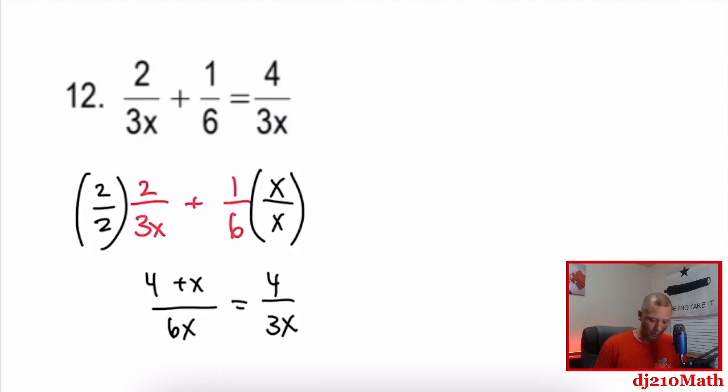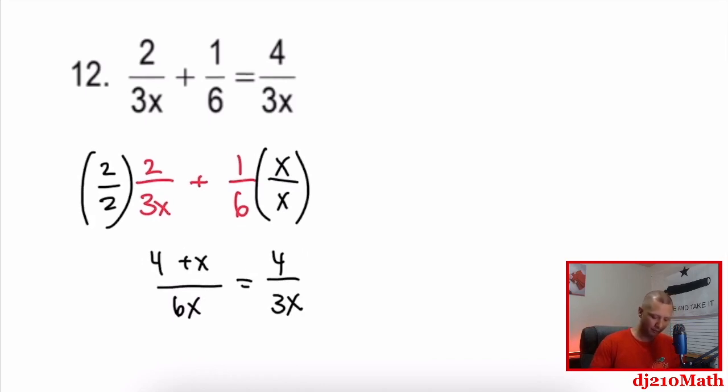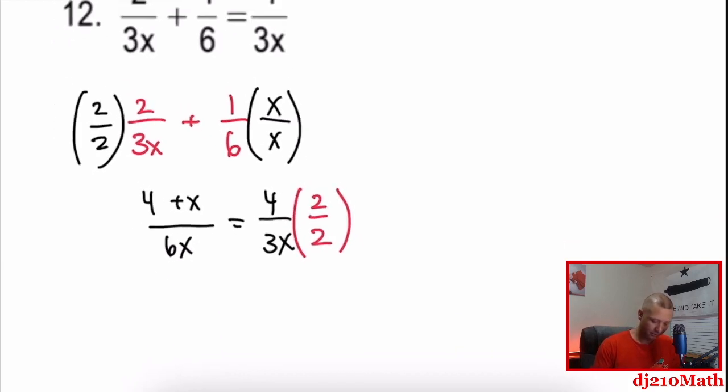Okay. We can cross multiply. Nothing wrong with that. I'm noticing that if I multiply this side by 2, then I'm going to force this to be 8 over 6x, because 2 times 3 is 6. And now, because the denominators match, I no longer care about the denominators.